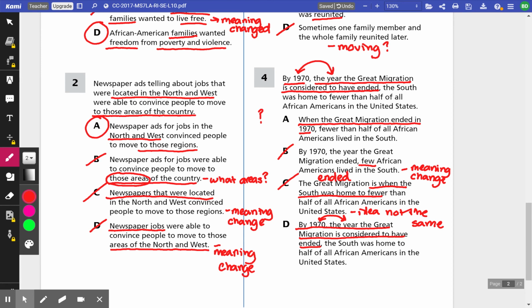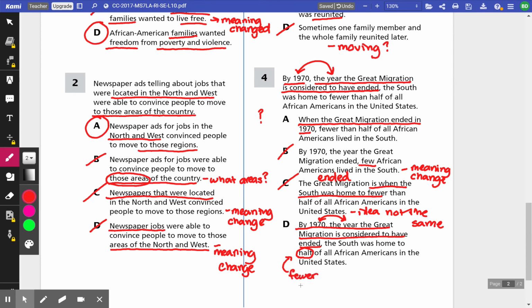However, I do see something that they changed, and they said that that time period was when the South was home to half. Well, was it home to half? No, it was home to fewer than half, according to our original sentence. So we know that they have changed this.